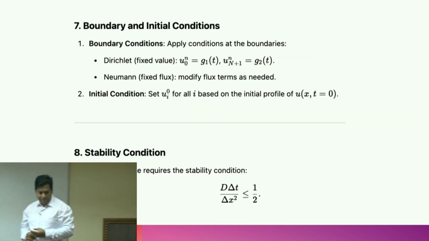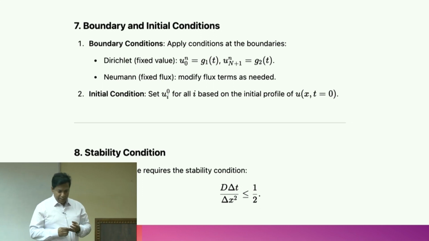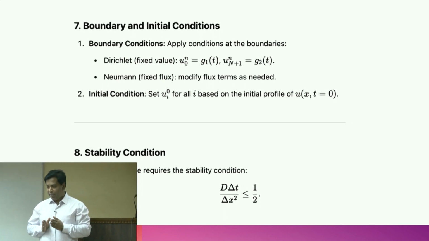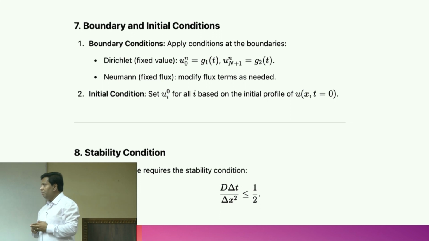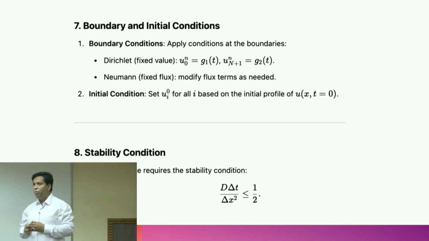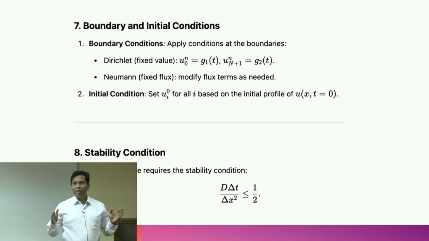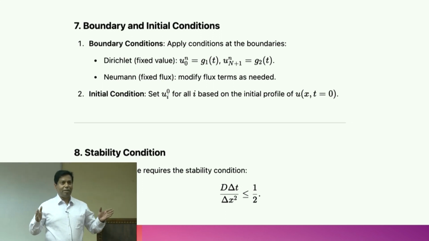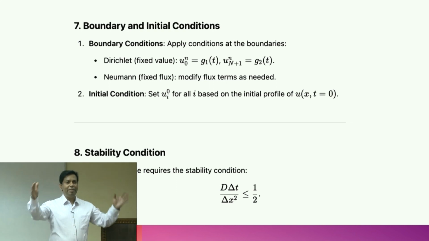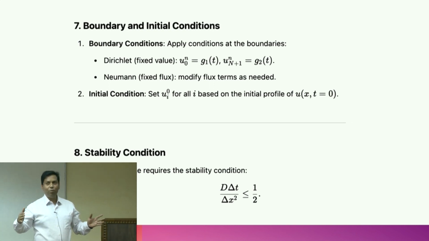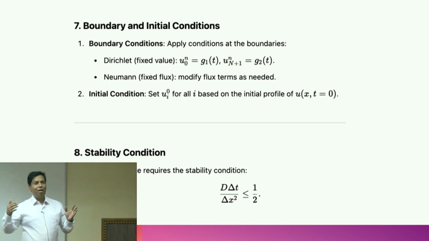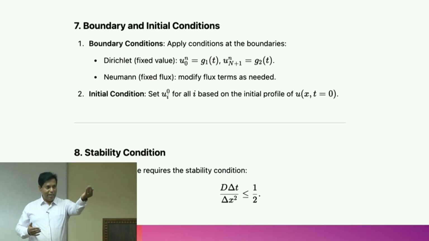Now, we have to apply the boundary condition, because this is the main thing of CFD. If you want to simulate something, we have to give a proper boundary condition. For example, if you want to solve the airflow in this room, we have to find out, because the door is open, air may come from there.